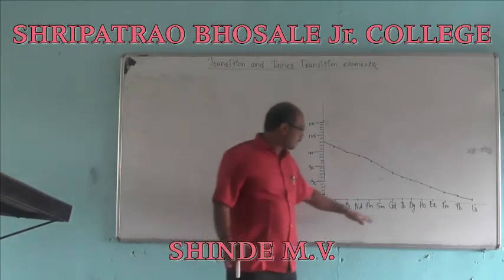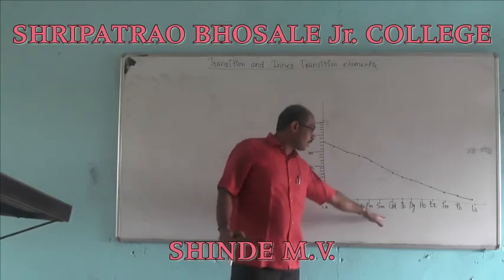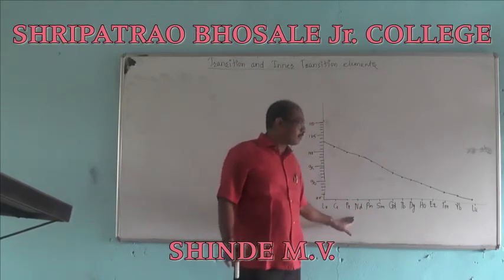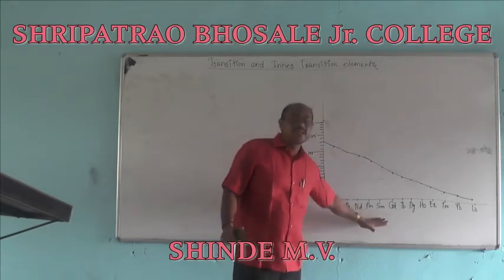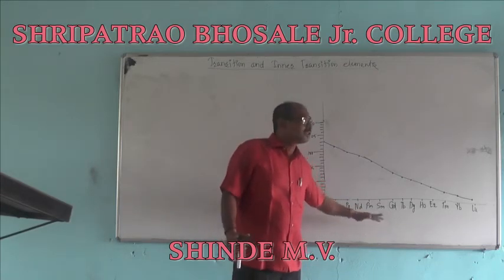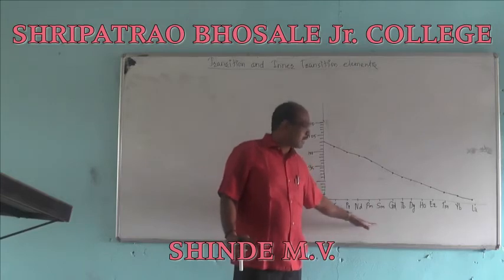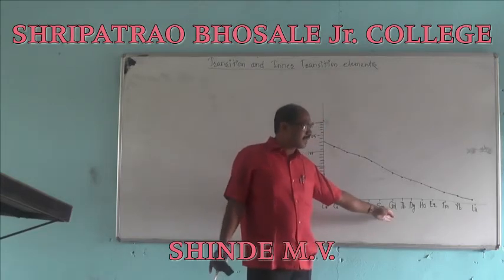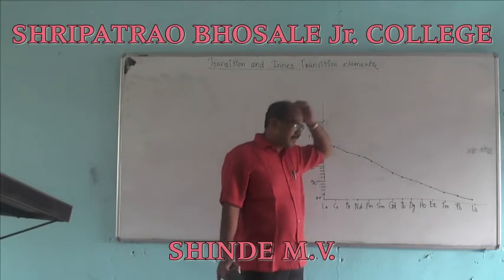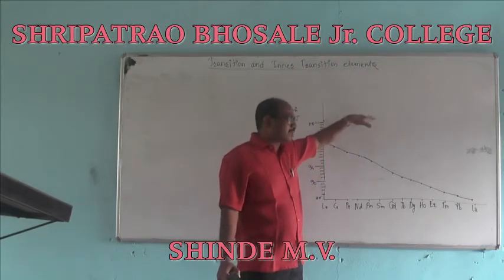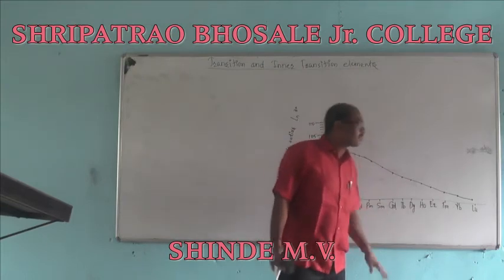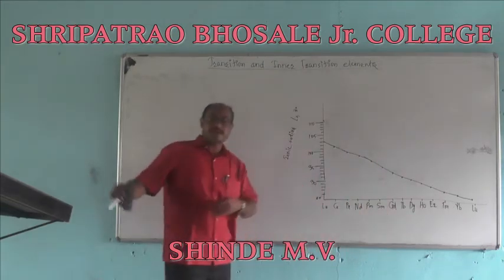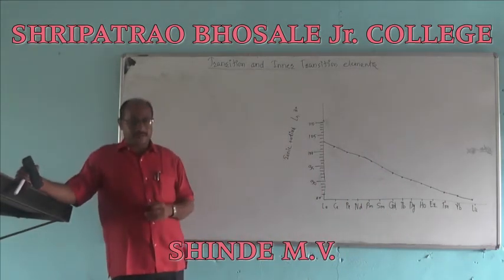Cerium, praseodymium, neodymium, promethium and samarium behave as paramagnetic, and gadolinium at 16 degrees centigrade shows ferromagnetism. After gadolinium, up to ytterbium, we have ferromagnetism at lower temperatures.